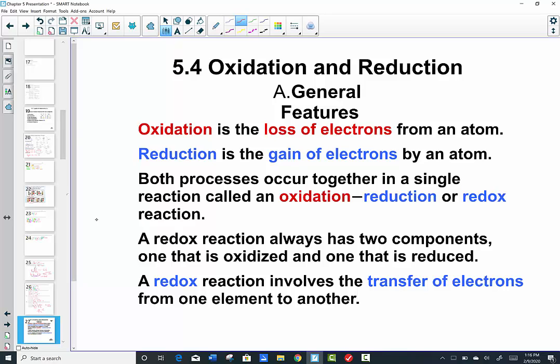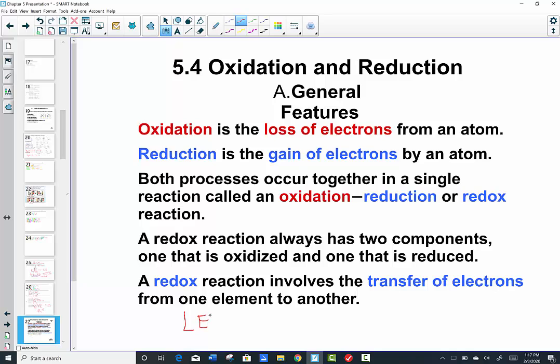When something is oxidized, another must be reduced. They occur simultaneously. A redox reaction, what we'll commonly call redox, is an oxidation-reduction reaction. It involves a transfer of electrons from one element to another.